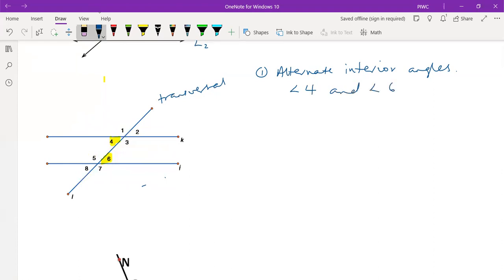And then if I take angle 3 and angle 5, they are between the two parallel lines, so they're interior, but they're on either side of the transversal. So those are also alternate interior angles.